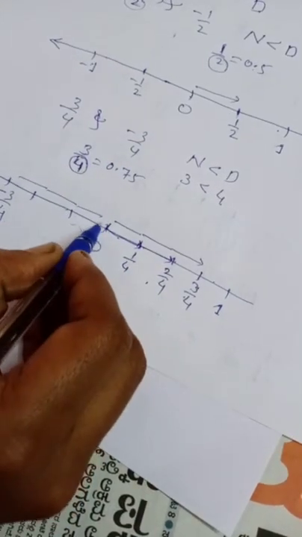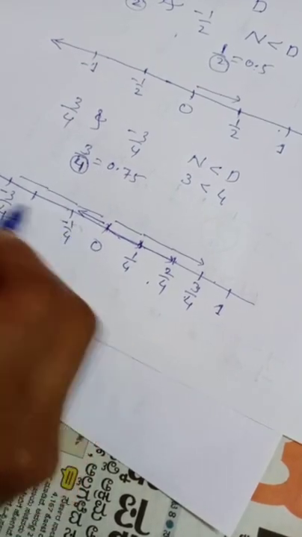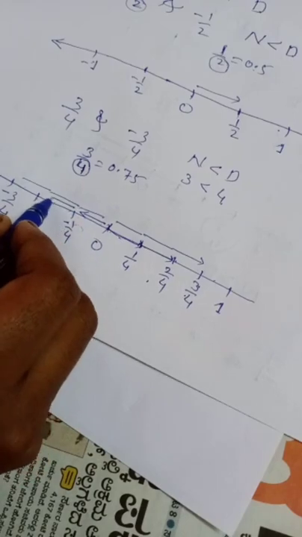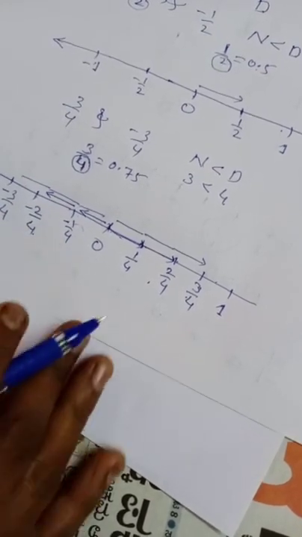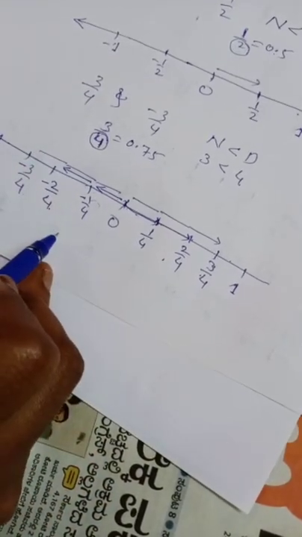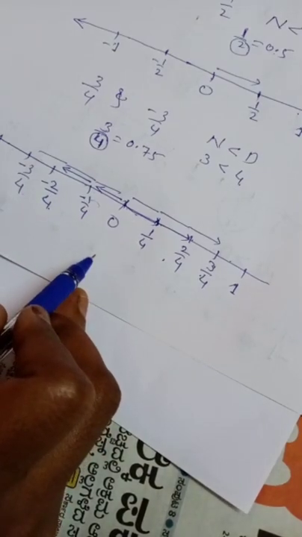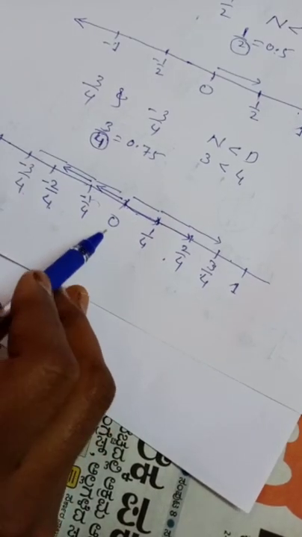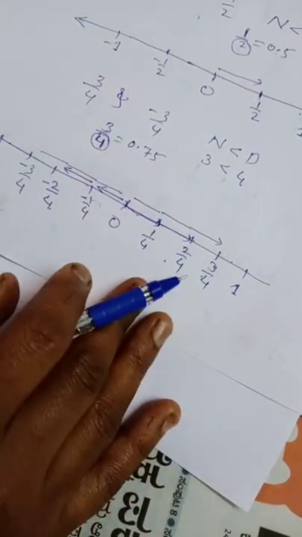On the negative side, minus 1 by 4, then minus 2 by 4. This is just for your understanding. You don't need to mark all the points if you are asked to mark only 3 by 4 and minus 3 by 4.